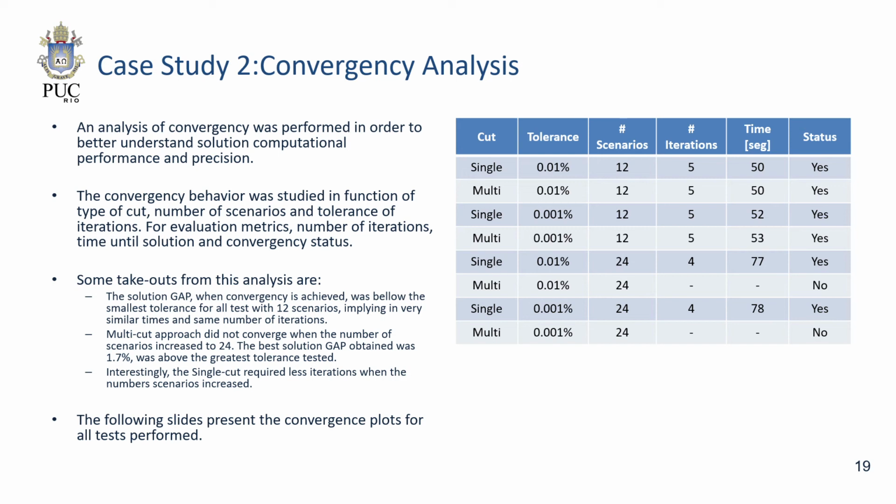That implies very similar solution times for all of them, because they were able to achieve the optimal solution at the smallest tolerance in the same number of iterations. So that's why they take the same time to solve.